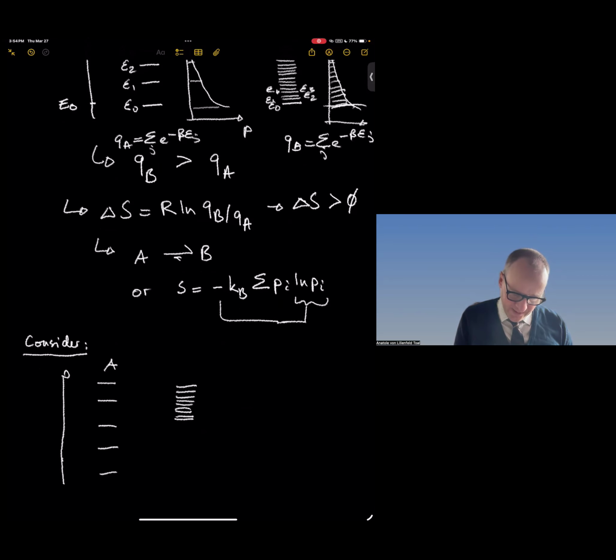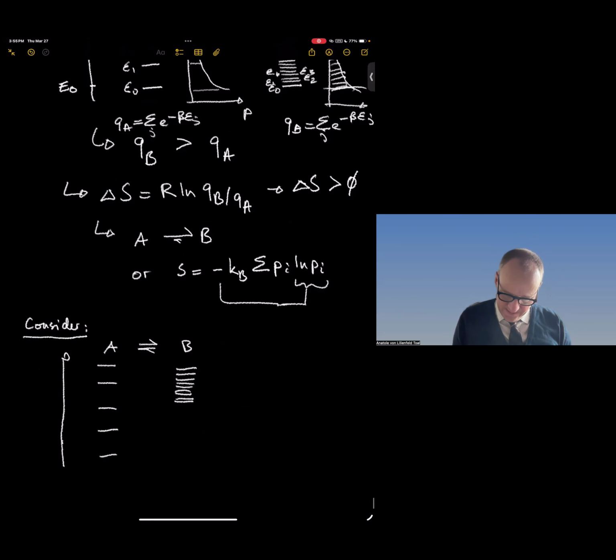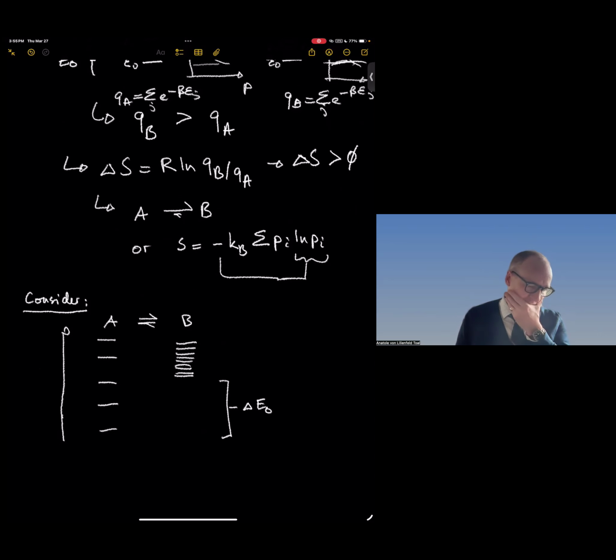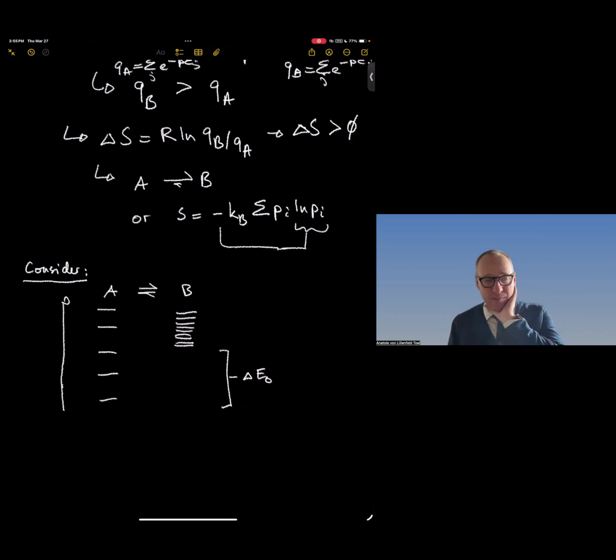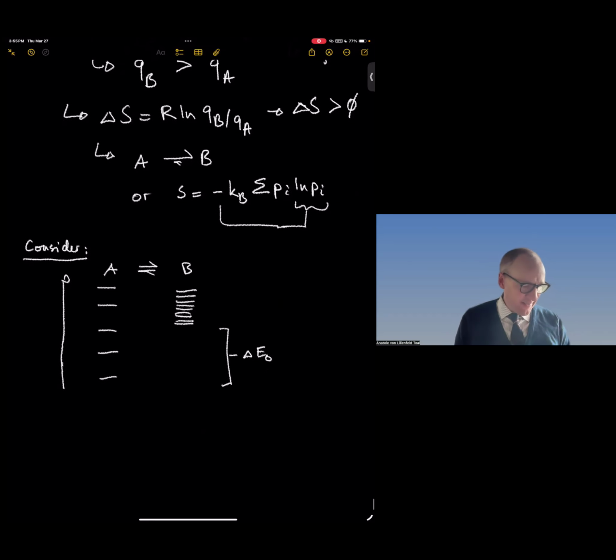And so A and B are in equilibrium. And now your delta E0 is not equal to 0, right? And so the question is what will happen under these conditions, right? And it's very clear in the case that your temperature is 0, right? And let me draw an example of this case.